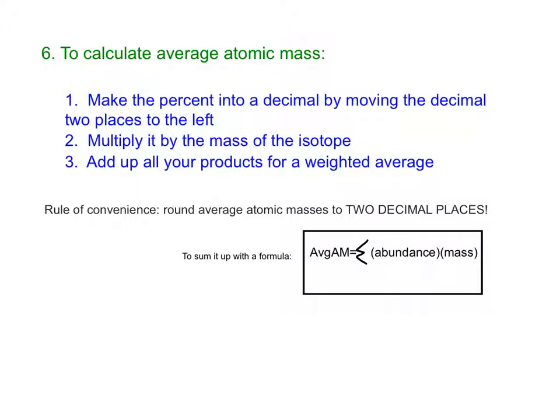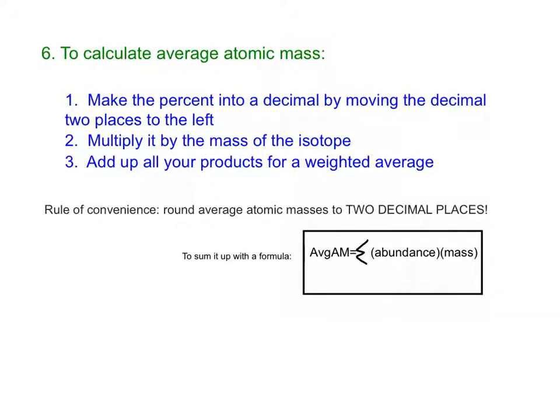Carbon's average mass is 12.01, even though there's carbon-12, carbon-13, carbon-14. What that tells us is that there's so much more carbon-12 in nature that even though there are these other carbon-13s and carbon-14s, most of that average is going to come from carbon-12. So the average mass is only about 12.01.